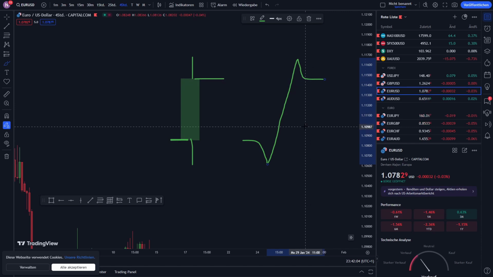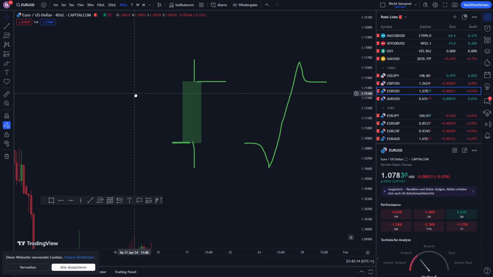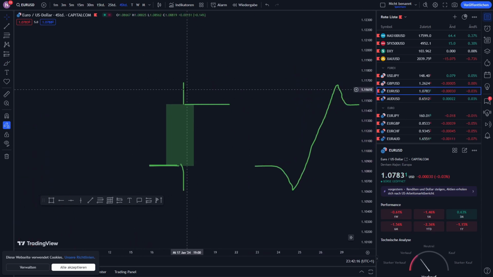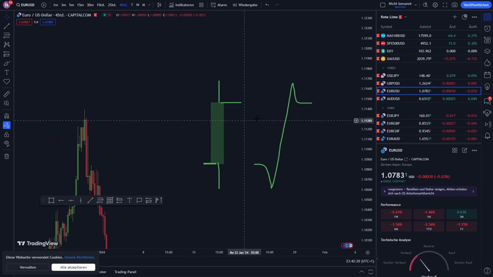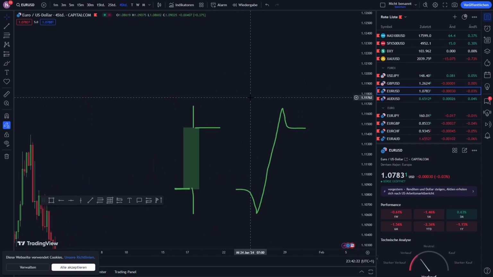And what does this tell us? If there's a big wick to the downside, there's a lot of buy pressure. If there's a big wick to the upside, there's a lot of sell pressure. So it tells us in 5 minutes what happened in 1 minute with just these wicks, because this is not the true path that it took in these 5 minutes, but it's kind of where price went, and then retraced once again.